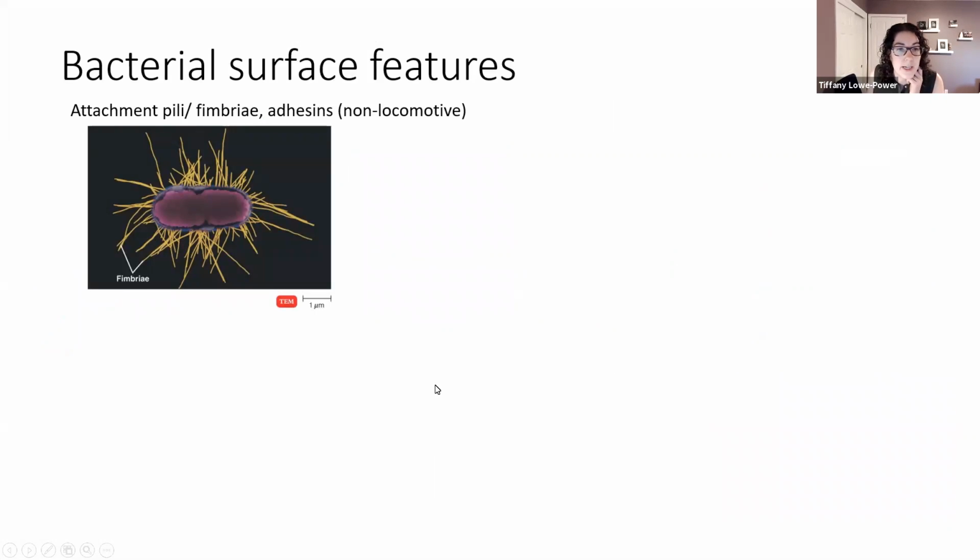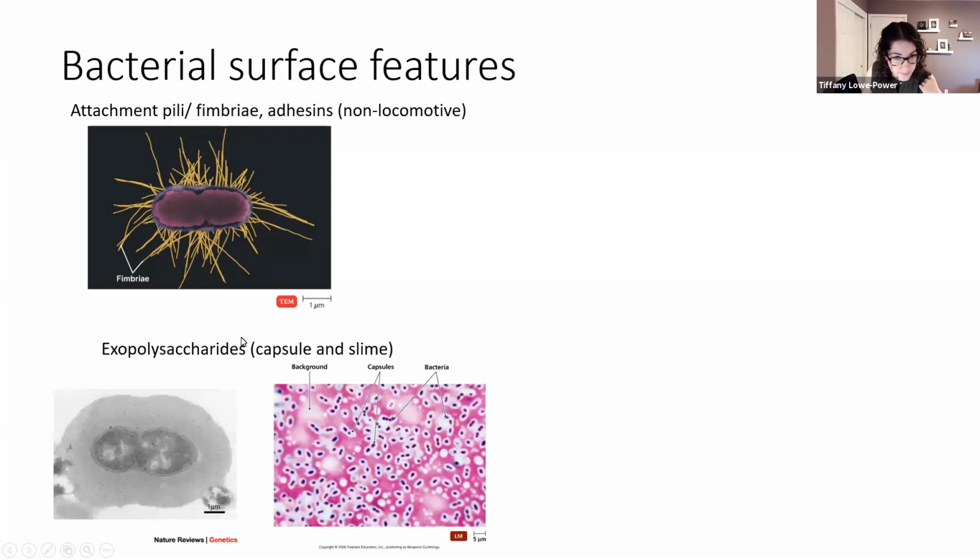Bacteria have different structures on their cell surface. So they have some protein structures that can help them attach. Fimbriae adhesins, these aren't things that help them move, they're non-locomotive, but they help bacteria attach to different surfaces. Many bacteria have exopolysaccharides.